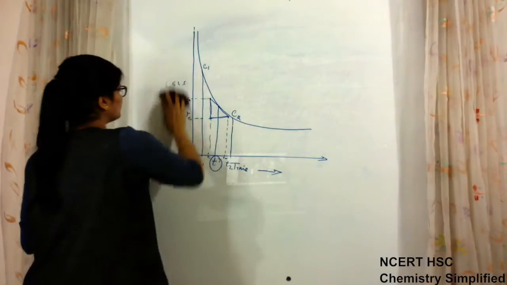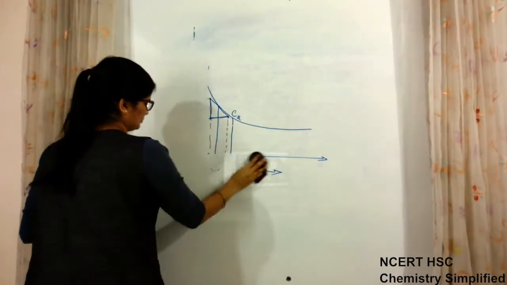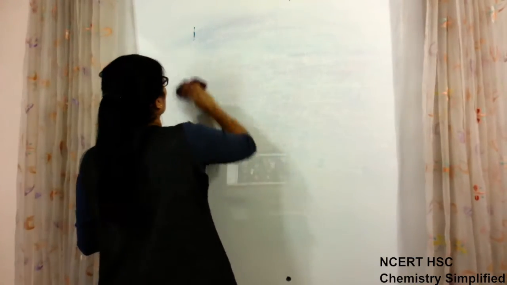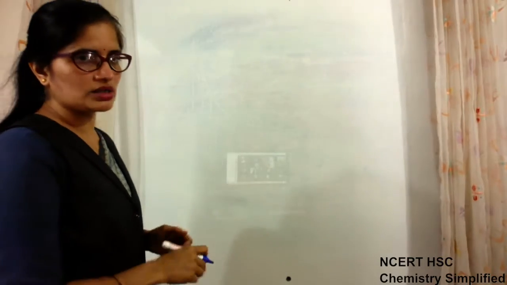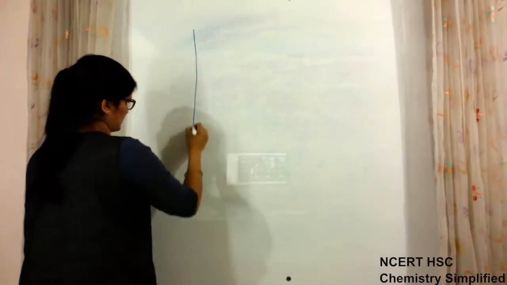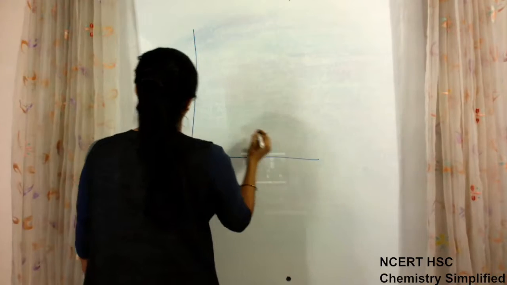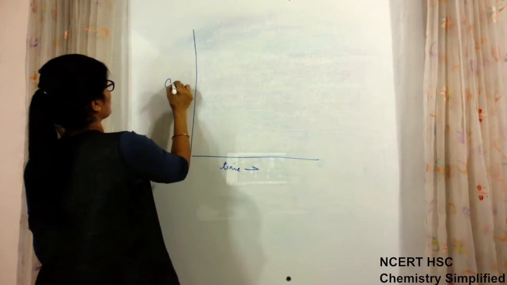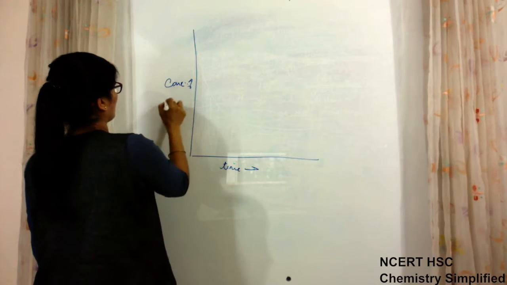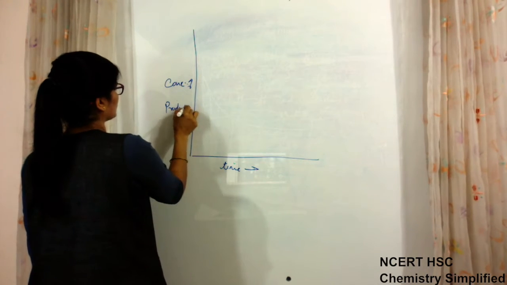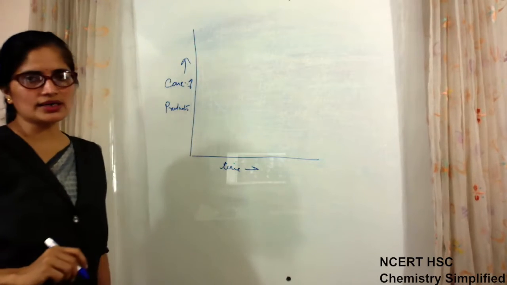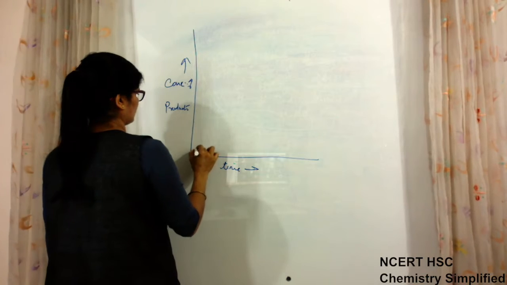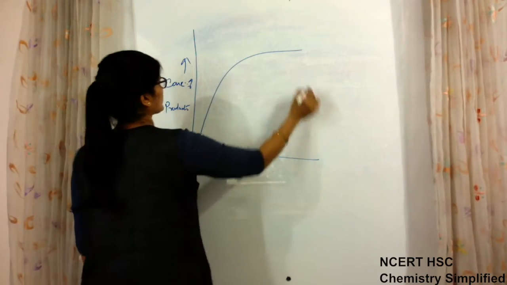Okay, now if we plot the same graph for the product, time versus concentration of products, then the shape of the graph is just opposite.